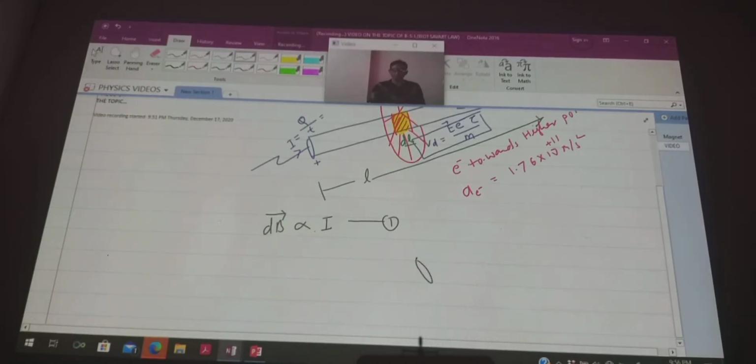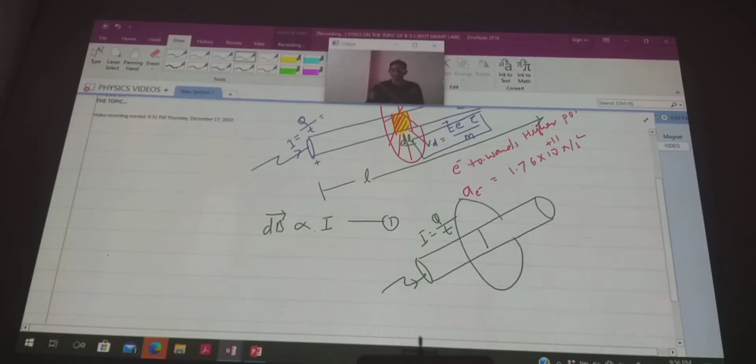We know that the current is the flow of charges per unit time. Whenever charge is flowing through the conductor, there will be current, and whenever there is current, there will be a magnetic field.